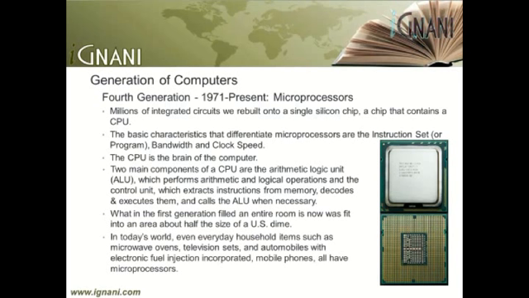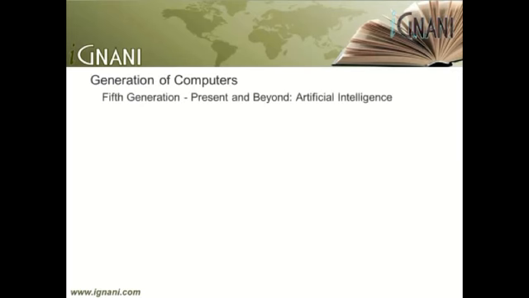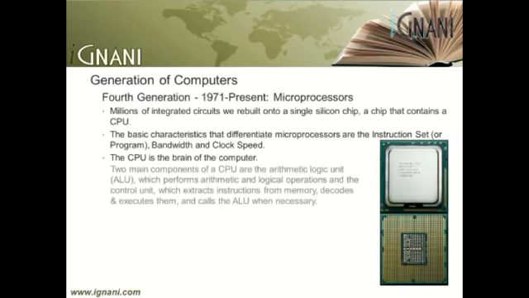On personal computers and small workstations, the CPU is housed in a single chip called a microprocessor. Two typical components of a CPU are the arithmetic logic unit, referred to as ALU, which performs arithmetic and logical operations, and the control unit, which extracts instructions from memory, decodes and executes them, and calls the ALU when necessary.